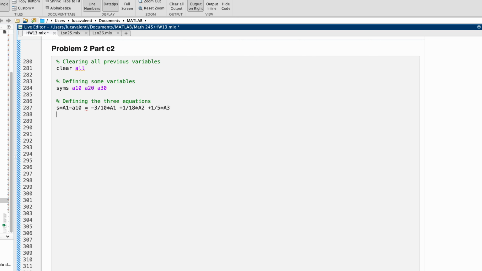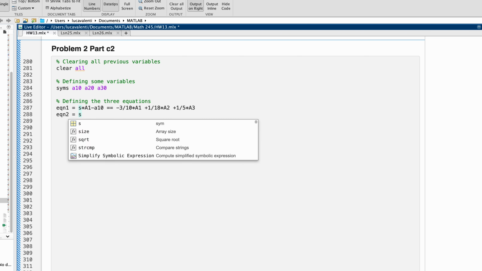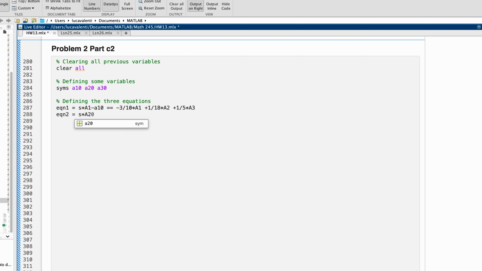Now, this is the first equation. Equation 1, we'll call it. Equation 2 is going to be that second one, which is S times A2 minus A20, and that has to be equal to 3 over 10 times A1 plus minus 2 nines times A2.